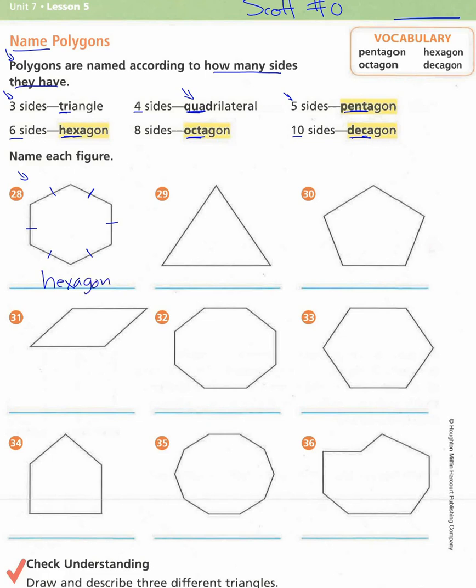We call that a 6-sided figure a hexagon, right? So that's going to be your job, is to just go through and count the sides and then name them. And again, it doesn't matter necessarily the shape, it's the number of sides. All right? And that's it. Pretty quick. We're done. When you finish this, we are done with lesson 5.